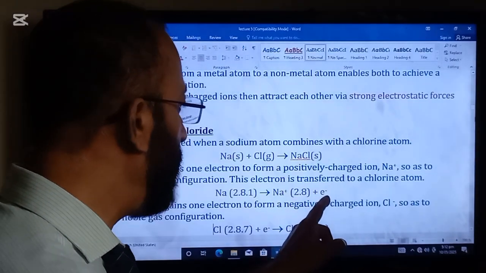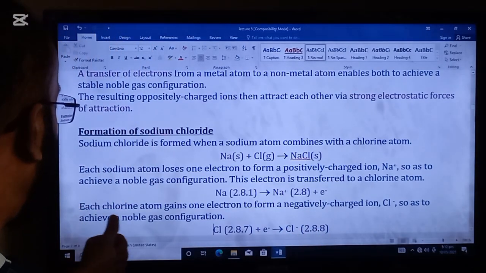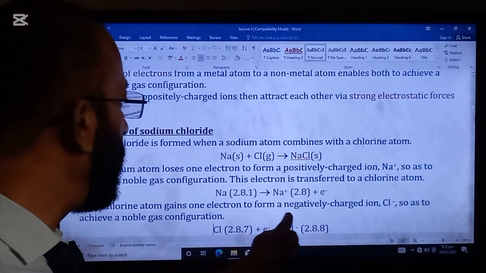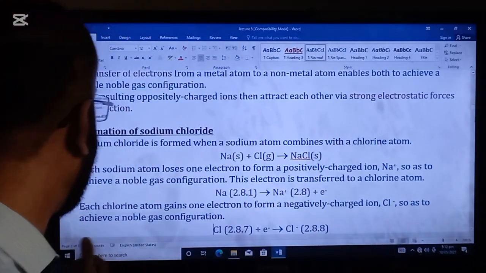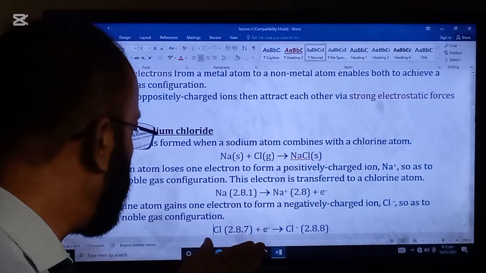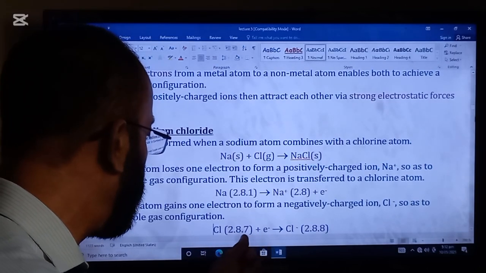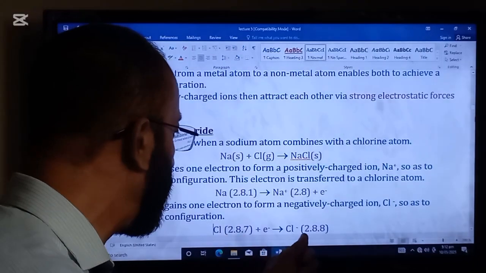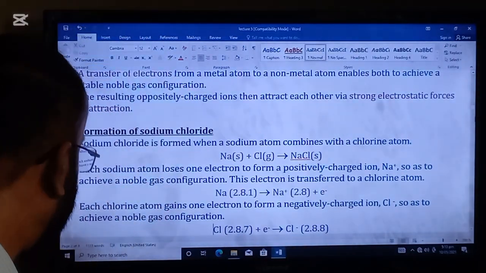This electron will be given to the chlorine atom. Each chlorine atom gains one electron to form a negatively charged ion, that is Cl-, so as to achieve a noble gas configuration. Original electron configuration is 2,8,7, and it is gaining one electron to achieve the noble gas configuration, that is 2,8,8, and will get -1 charge.